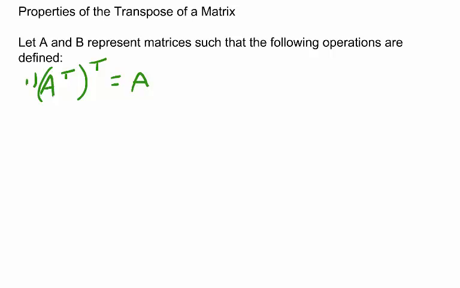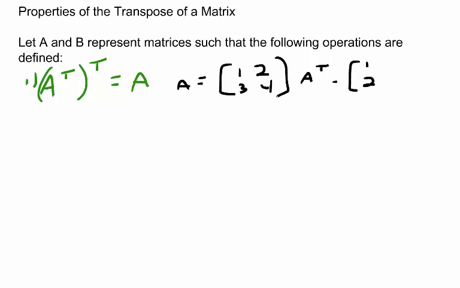In other words, suppose we have matrix A, we'll let it be a 2 by 2 matrix with row 1, 2 and row 3, 4. Here, the transpose of our matrix would be 1, 2 for the first column, 3, 4 for the second.